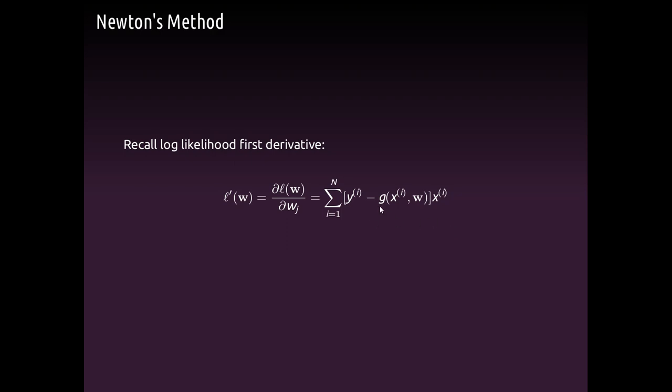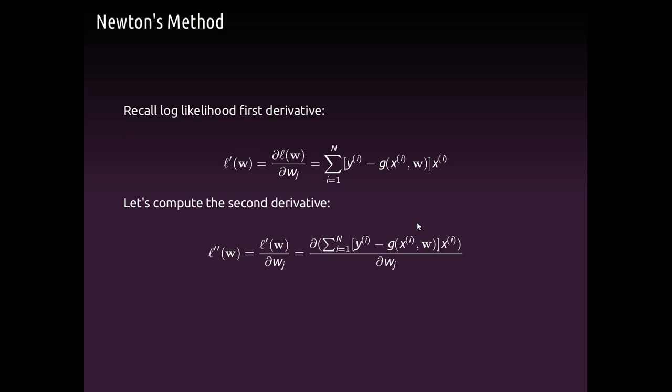The only difference is between the logistic hypothesis in the logistic regression and the linear hypothesis in the linear regression. So let's compute the second derivative of the log likelihood function. It will be the derivative of this expression, y super i minus h of x super i and w multiplied by x super i with respect to the coefficient w j.